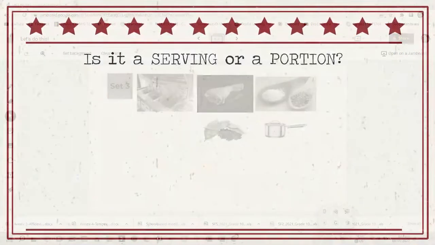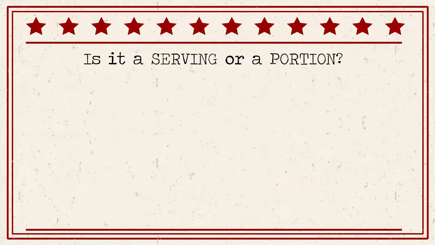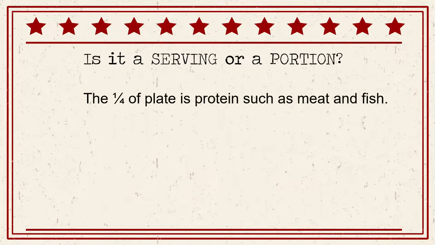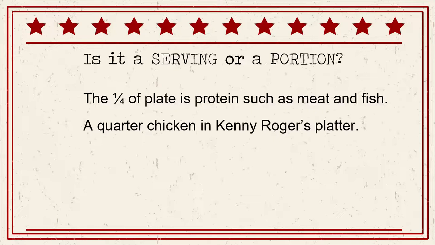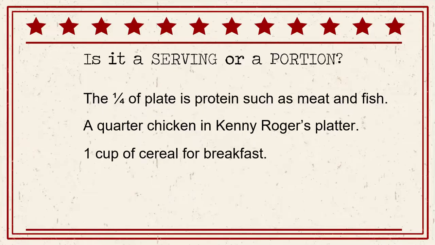For our next activity, what you're going to do is to identify if the given statement is a serving or a portion. 1. The 1/4 of plate is protein such as meat and fish. Next, a quarter chicken in Kenny Rogers platter.